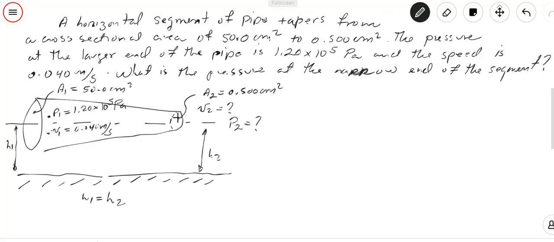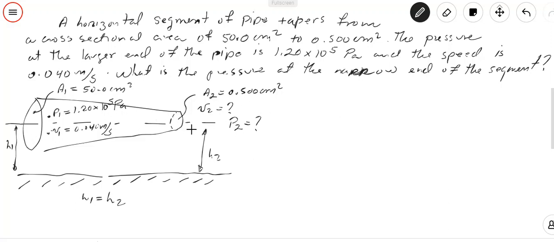Now, on the other side of the pipe segment, we have an area of 0.500 centimeters squared. We don't know the speed of the fluid in that part, and we don't know the pressure of the fluid. So this is a problem where we're going to use the Bernoulli equation.